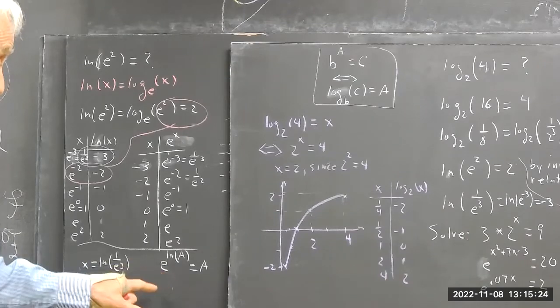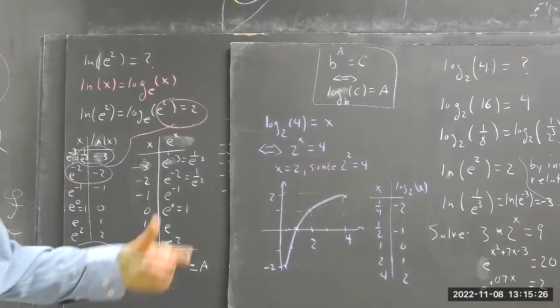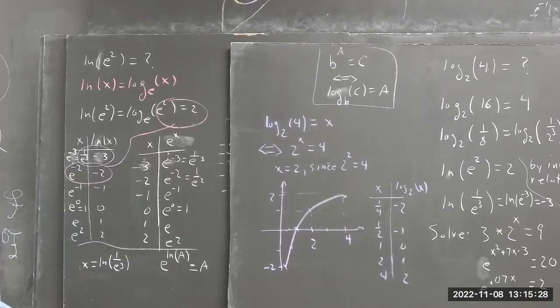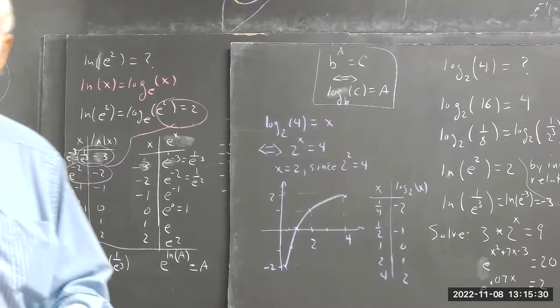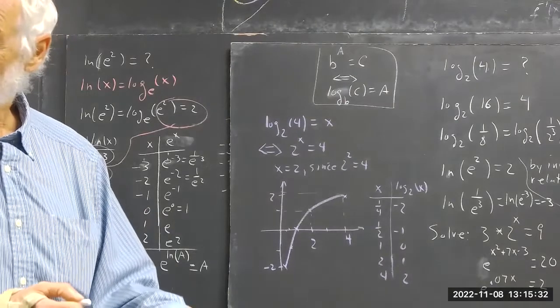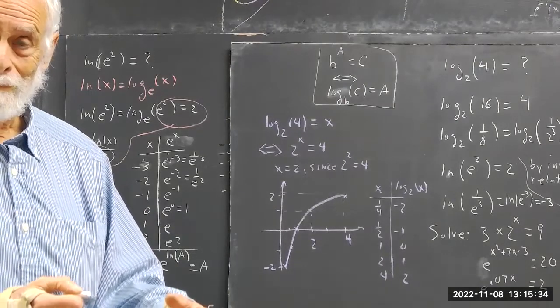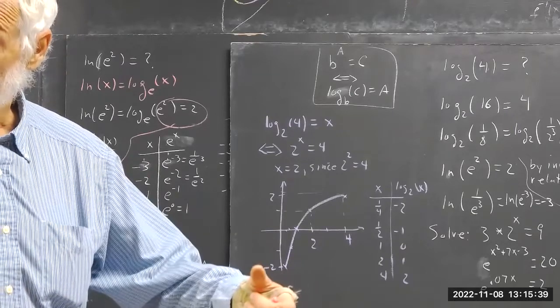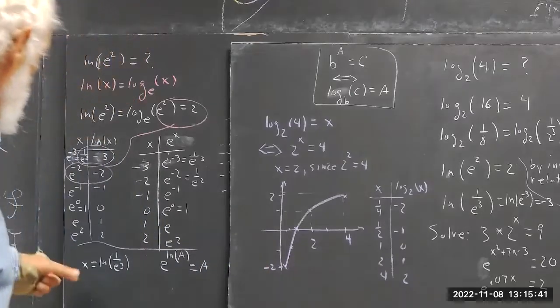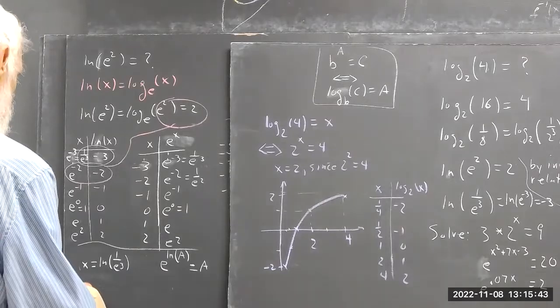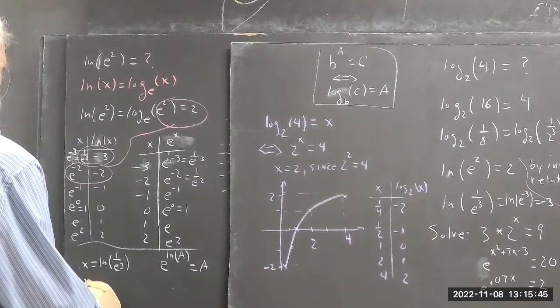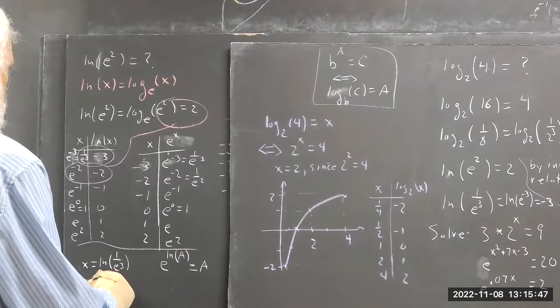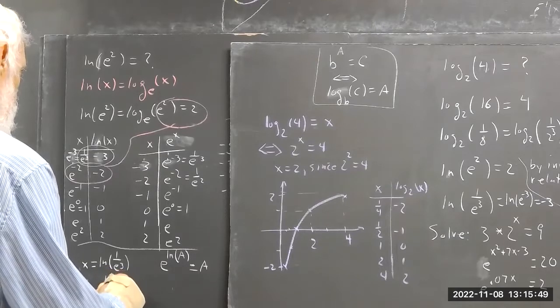Remember, if you do the inverse function of the original function, you get the number you started with. So we can say then that e to the x equals e to the natural log of 1 over e cubed.